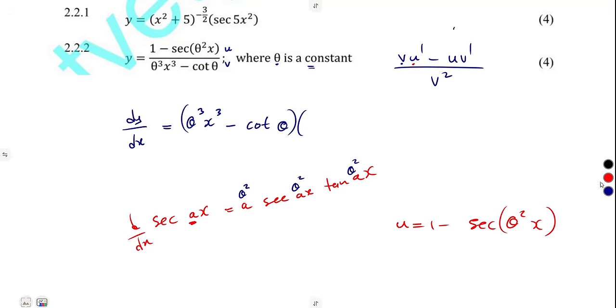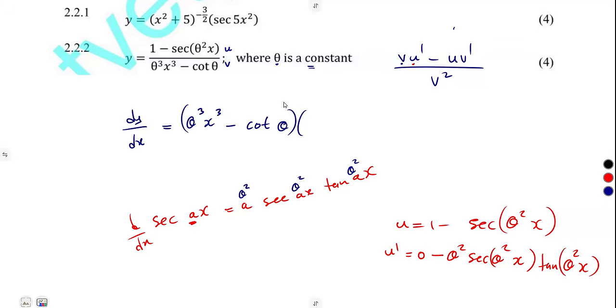So the derivative of u is going to be simply 1, the derivative of 1, that's a 0, minus whatever you're going to have there, which is theta squared sec theta squared x tan theta squared x.